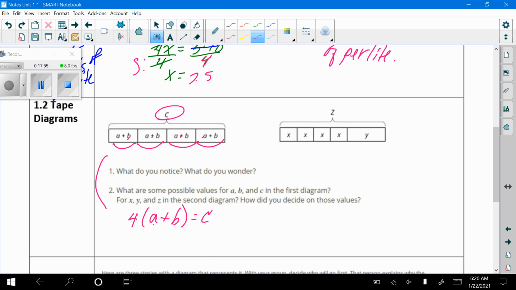I would plug in numbers for A and B and then solve for C. For instance, I could say A is 1, B is 2, and we can find C by saying 4 times 1 plus 2 equals C. So 4 times 3 would equal C. So now I know that 12 is equal to C. That's one option. You can plug in any numbers for A and B and find C.